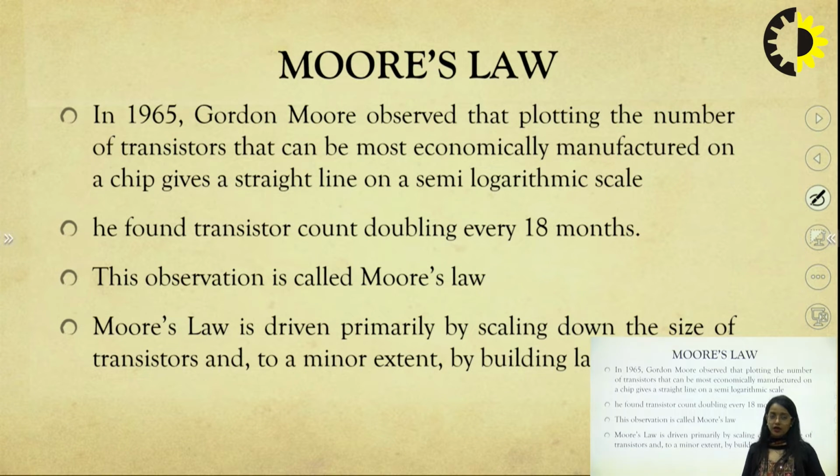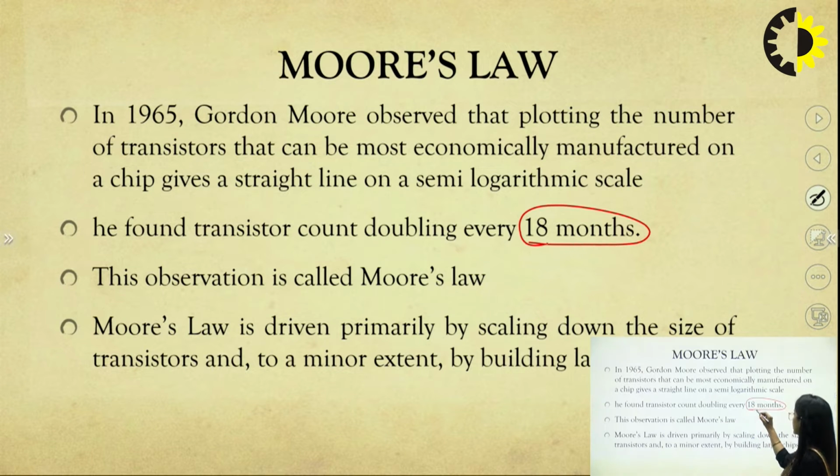The increase in the number of transistors was observed as we went ahead in years and months. It was seen that after every 18 months, the count would double. So this is nothing but Moore's law.